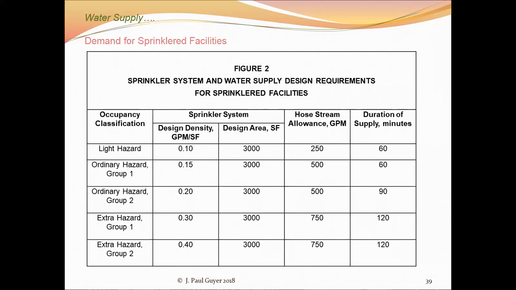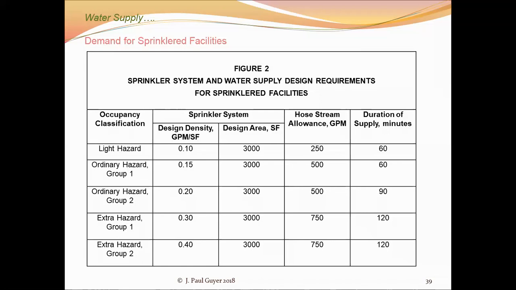For the more hazardous occupancies, this water needs to be available for 120 minutes. And so for the extra hazard group 2 occupancy, the volume of water that's needed is 234,000 gallons.